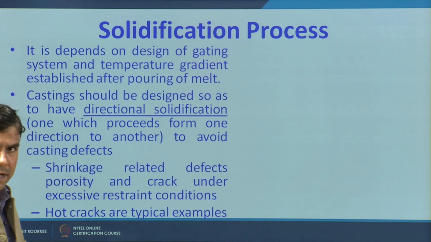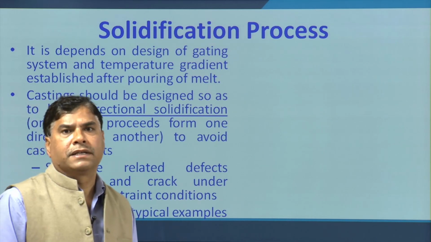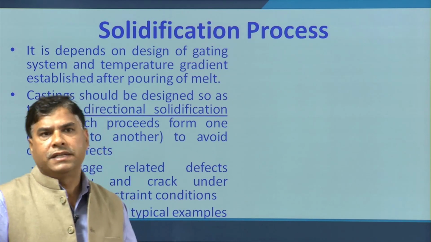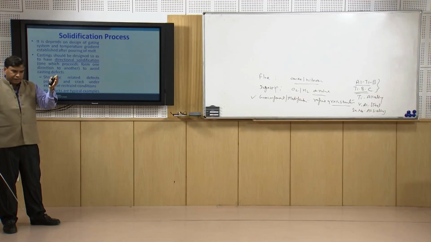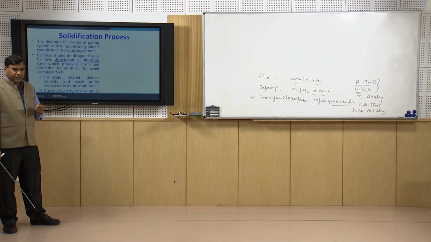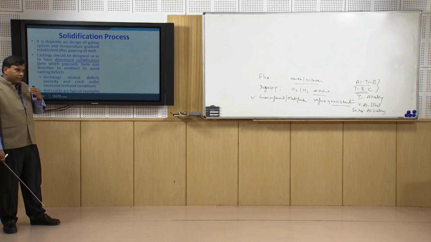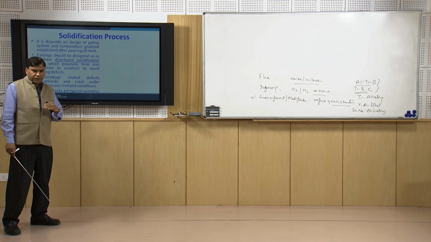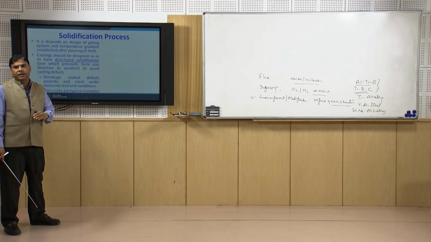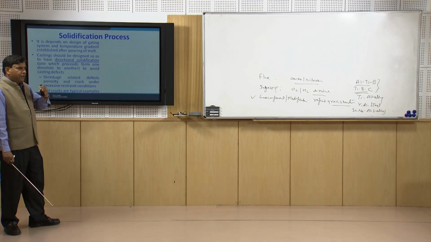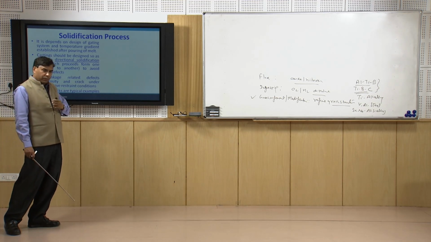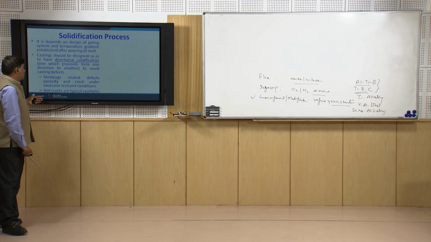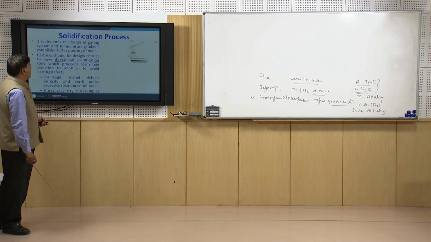Efforts are always made to locate the riser, as well as use chills if required, in such a way that a suitable temperature gradient is established, so that directional solidification can be achieved, wherein solidification begins from one end, completes at another end, and progresses in one direction. So, all the issues related with shrinkage and hard cracks can be taken care of.